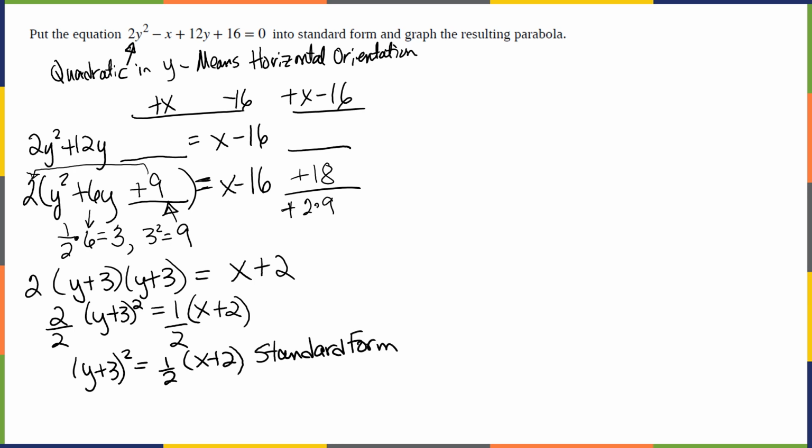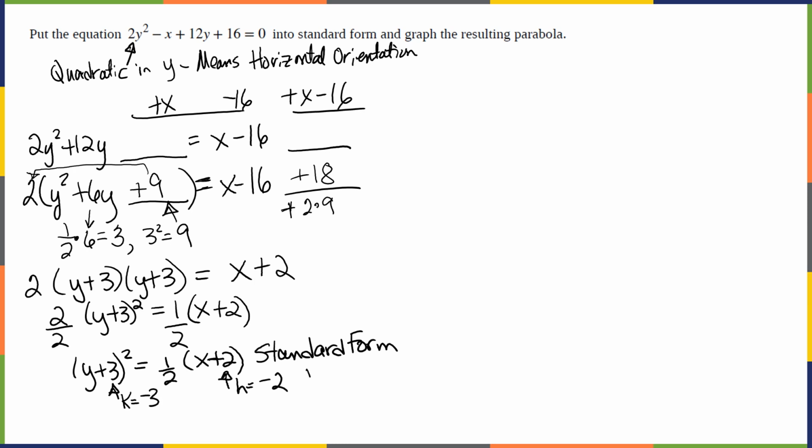Be careful, since this has a horizontal orientation, remember that h is the variable that is inside the parentheses with x. Choosing the opposite sign, h will be -2. k is the variable inside the parentheses with y. Choosing the opposite sign, k will be -3.